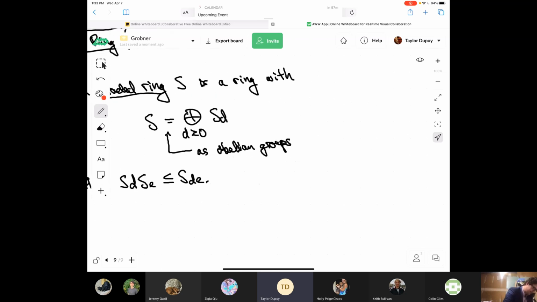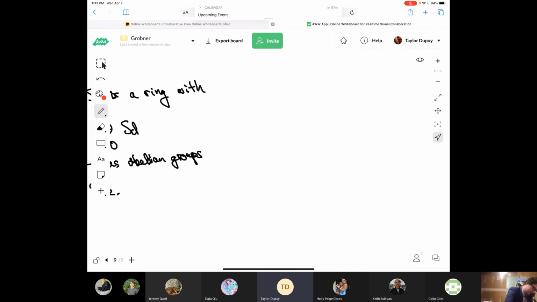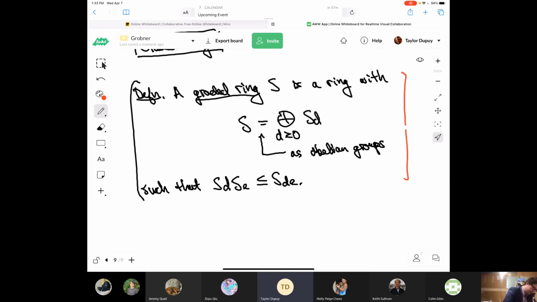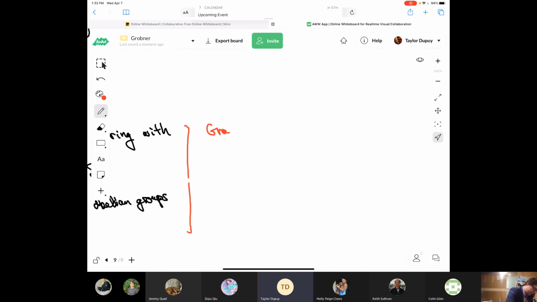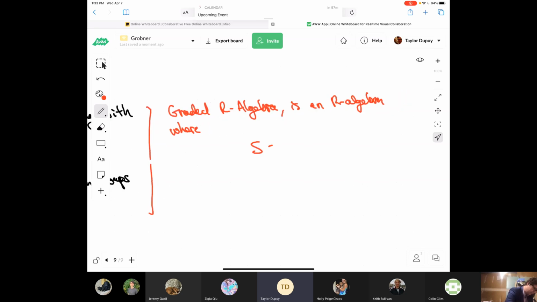And so we can modify this a little bit. You can have a graded R-algebra, which is an R-algebra where the decomposition of S is a direct sum of R-modules.